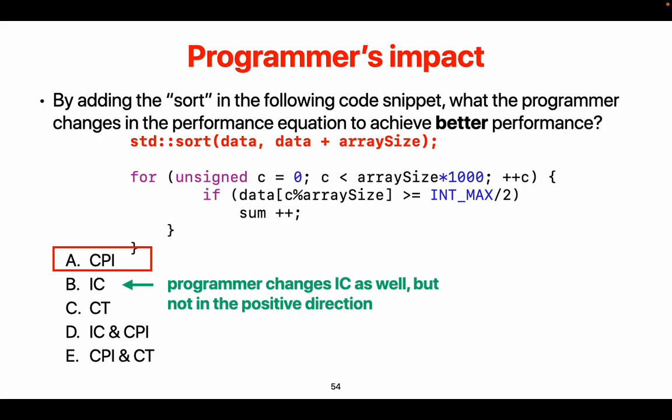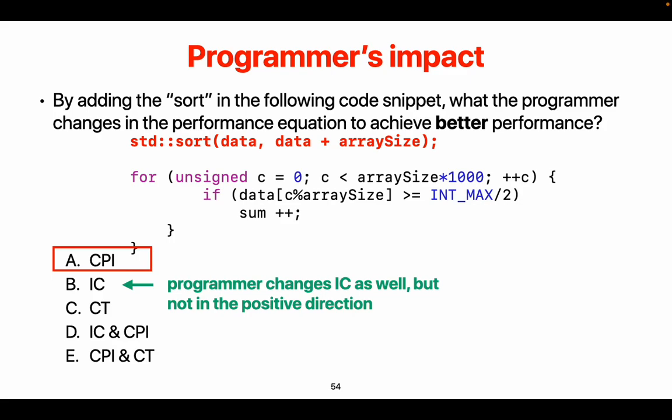But here, you just need to know that there is no absolute relationship between instruction count and CPI. Sometimes you have more instruction count, but that doesn't mean your performance is going to be worse. And sometimes you have fewer instructions, but if you choose the wrong instruction, that will make your program performance worse.